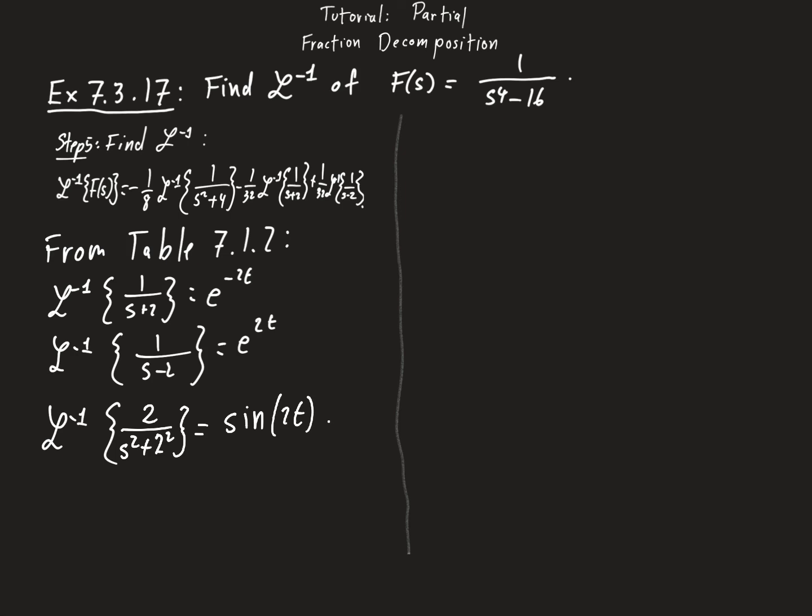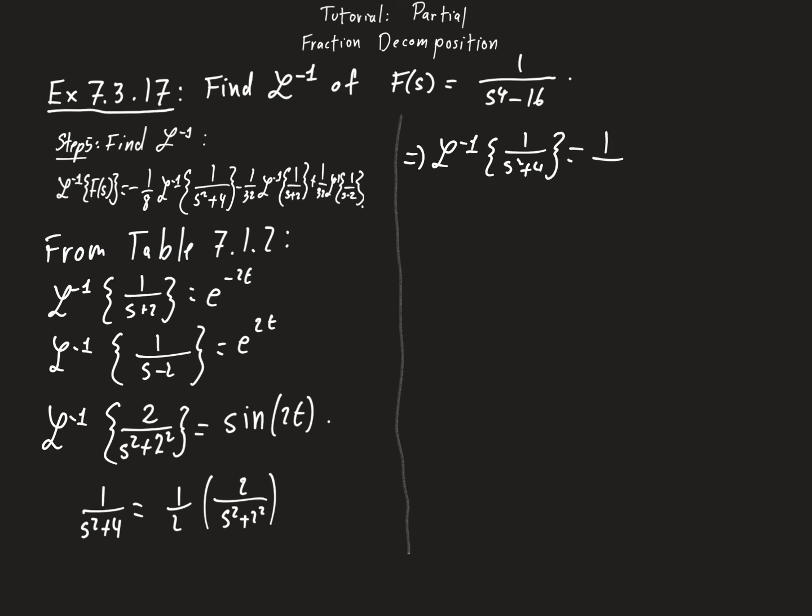And so we simply have to notice here that 1 over s squared plus 4 is equal to 1/2 of 2 over s squared plus 2 squared. So in other words, the inverse transform of 1 over s squared plus 4 is going to be equal to 1/2 times sine of 2t.